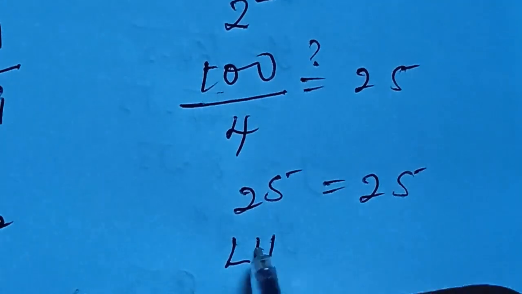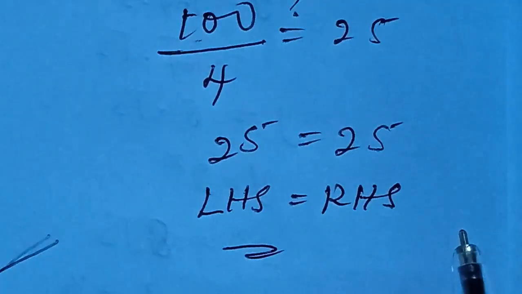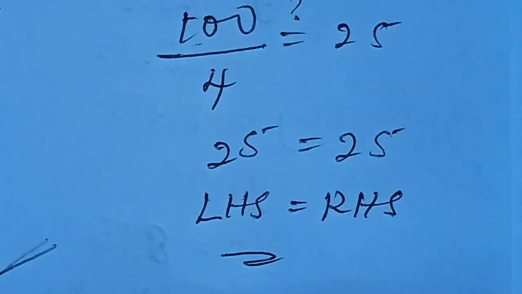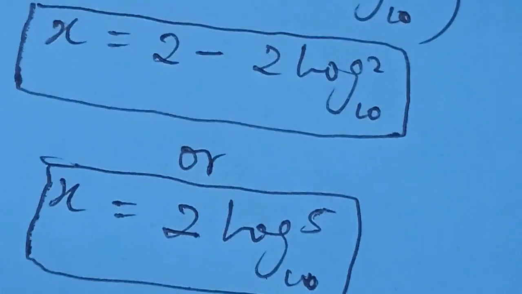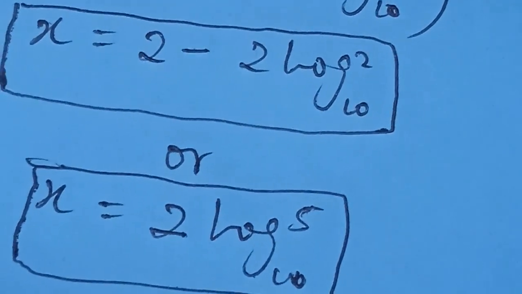This means the left hand side is equal to the right hand side. Proof that both values of x that we got from both approaches are correct. Okay, meaning that these two values of x are correct values of x for this expression.